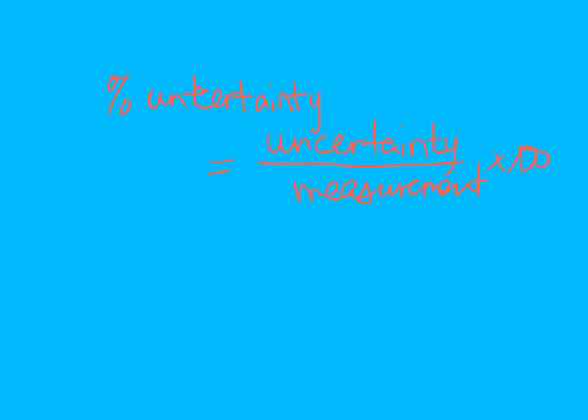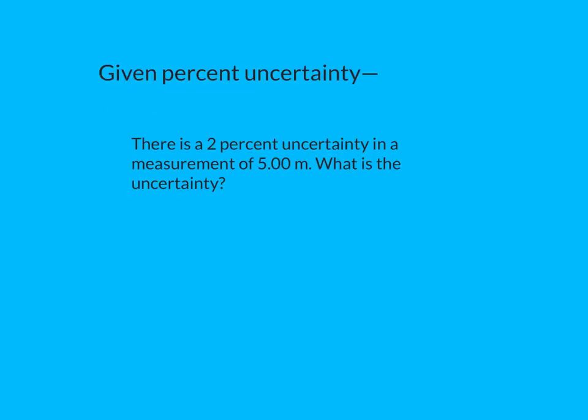So what are you going to do if you're given the percent uncertainty and you want to know how far off your number is? If we're told that there's a 2% uncertainty in a measurement of, let's say, 5 meters, what is the uncertainty? Here's what we know. Our measurement is 2% off of 5 meters.